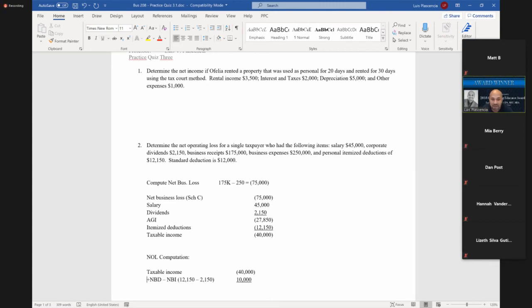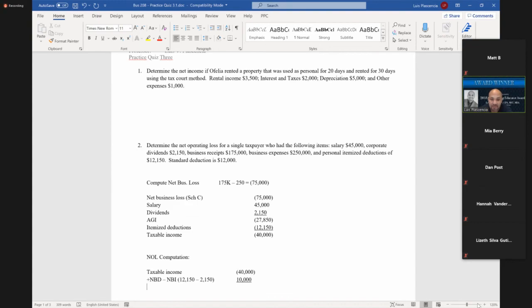So just keep that in mind. There are going to be a couple of problems that we're going to go over where non-business income is more. We don't do anything there. It's a zero adjustment. But in this case, when non-business deduction exceeds non-business income, you add back the difference. We talked about this last session in terms of what non-business deductions and non-business income are, so you really have to review your notes on the different types of income.